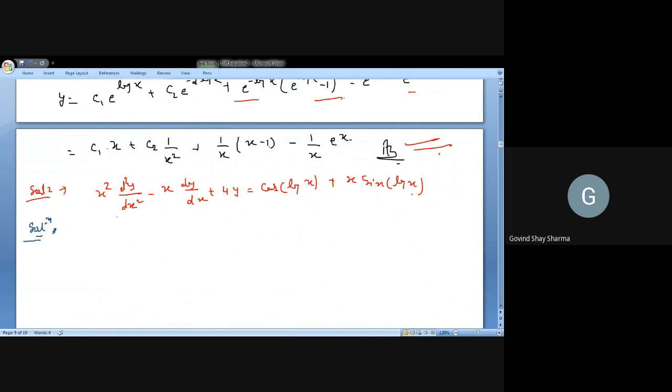Now we replace x squared d2y/dx2. We take x is equal to e to power z, and so z becomes log x.